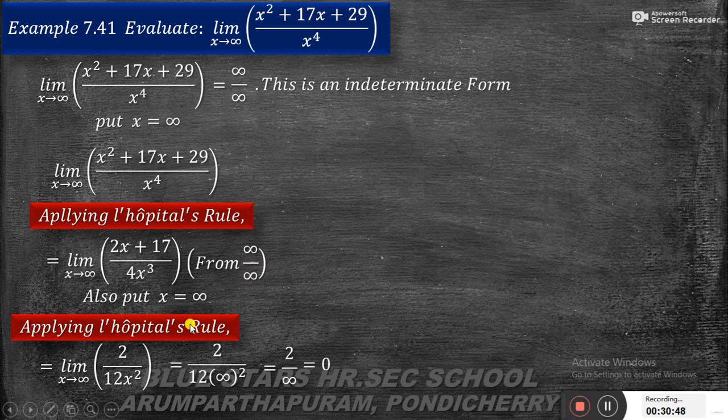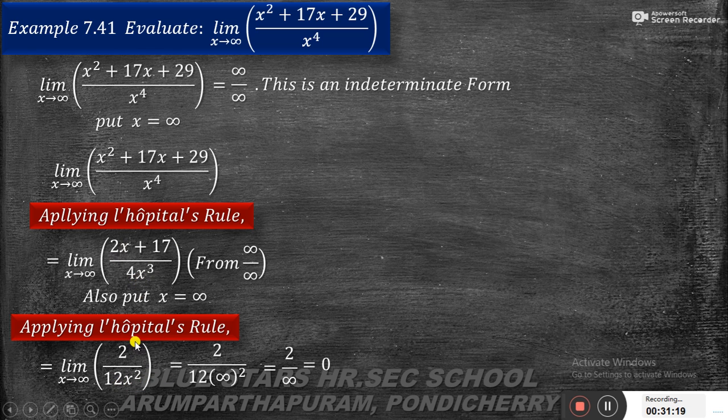I write the function after the differentiation: limit x tends to infinity, 2x plus 17 by 4x cube. Again I differentiate this. The numerator: 2 into the derivative of x is 1, so 2, plus the derivative of 17 is 0, so 2. The denominator: 4 into the derivative of x cube, which is 3x square, so 12x square.